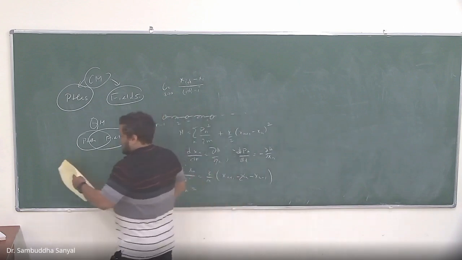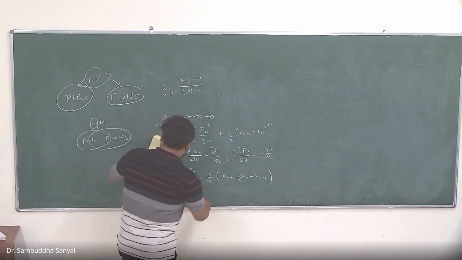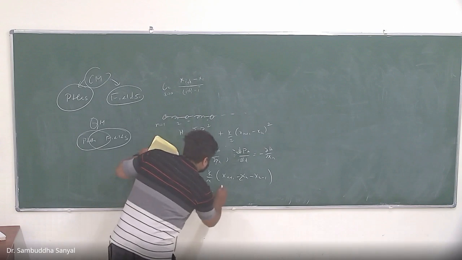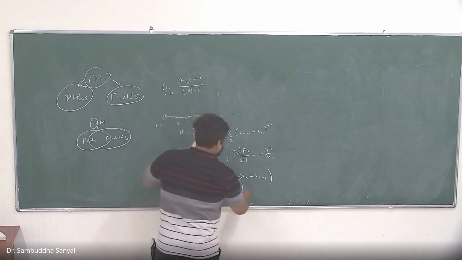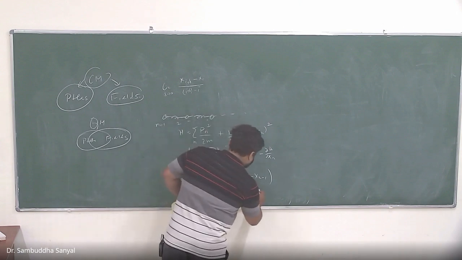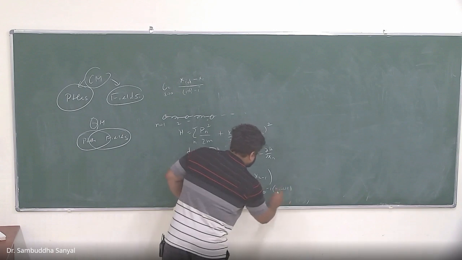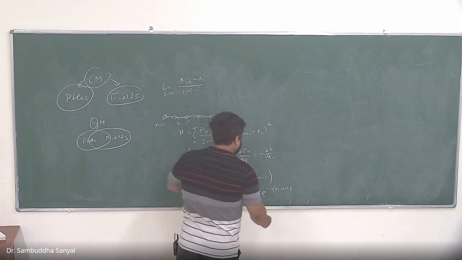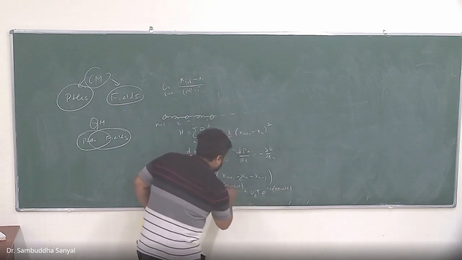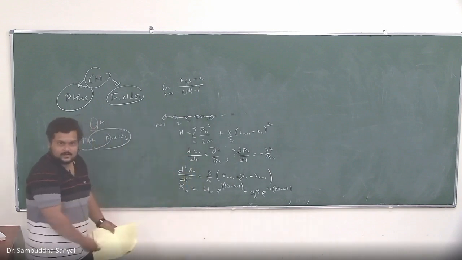Okay, so that implies it has a natural solution in the form of a wave. Actually, instead of x, I should write an, because x is displacement, n is the actual coordinate.